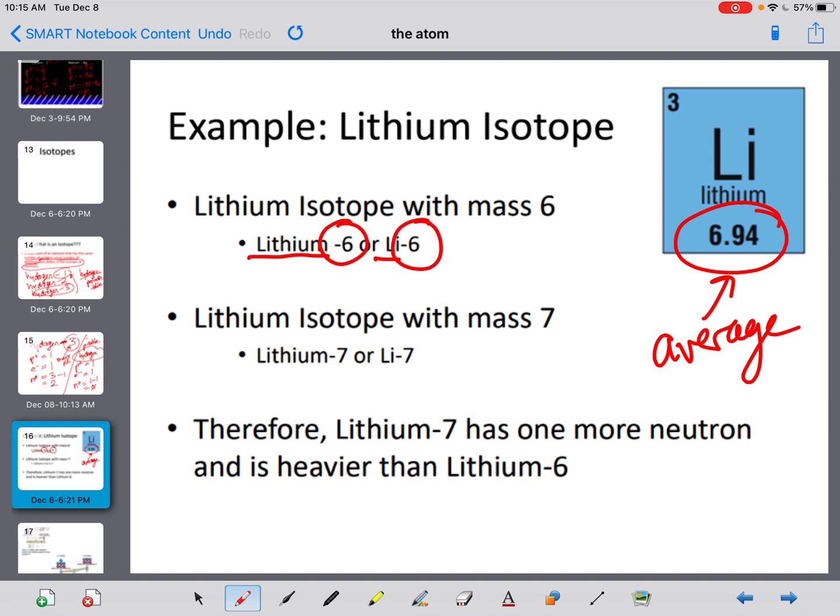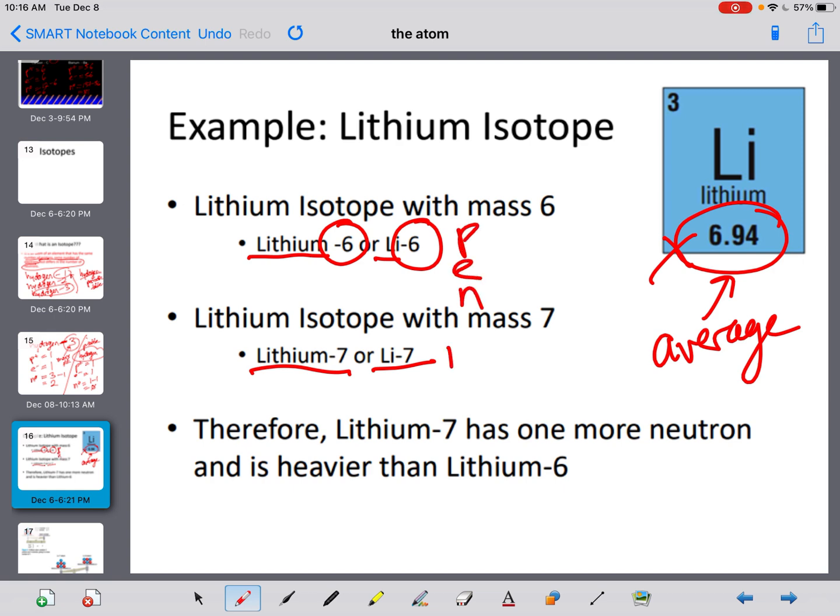That means I want the mass of 6, not the average mass of 6.94. Lithium with a mass of 7 would be lithium dash 7, or the symbol for lithium dash 7. So what's different about these two? Actually, nothing other than the fact that lithium 7 has 1 more neutron than lithium 6, right?